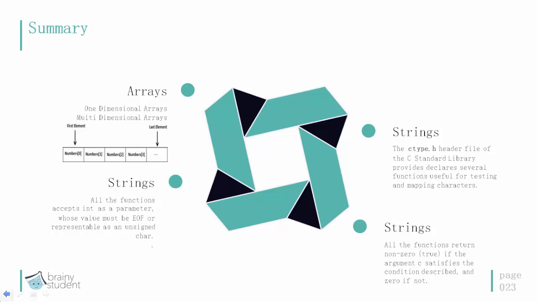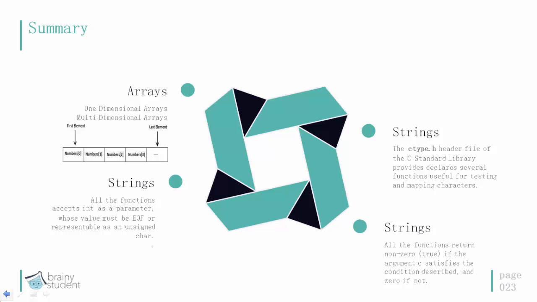The ctype.h header file of the C standard library declares several functions useful for testing and mapping characters. Everything is present inside ctype.h, like isupper, isalnum, isalpha, islower, isspace. For these functions, they return non-zero (true) if the argument c satisfies the described condition and 0 if not.